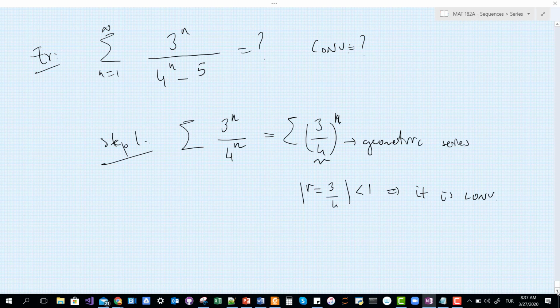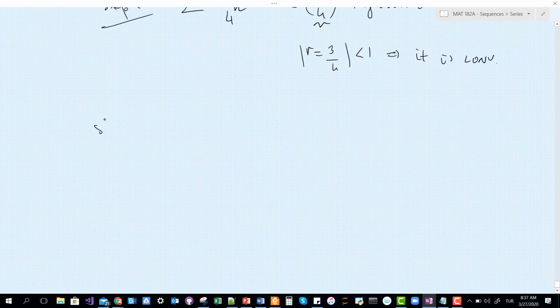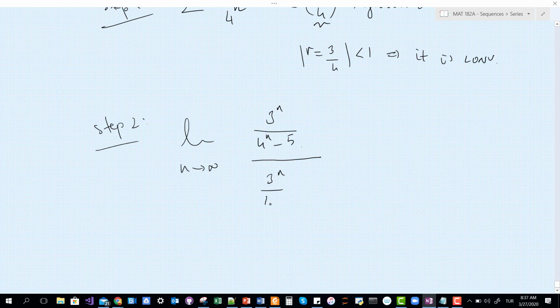Then I need to compare using the limit comparison test. So I'm going to take this limit using my An general term and my Bn general term.